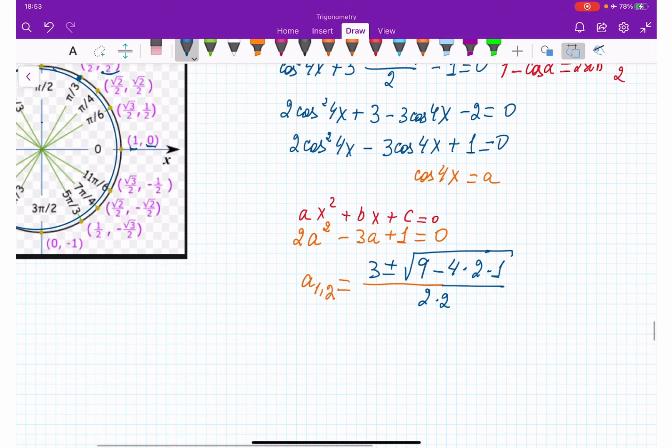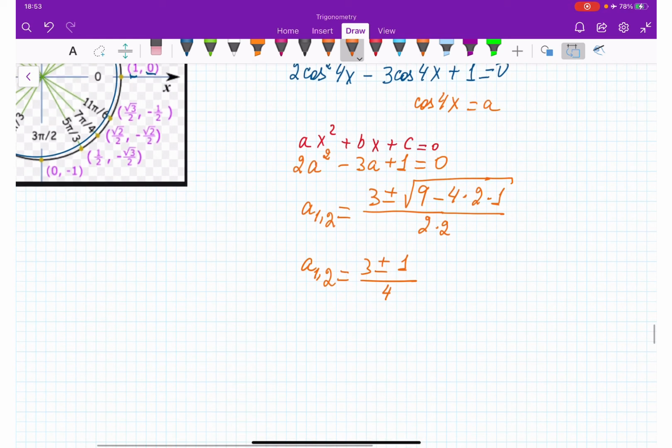Okay, so from here, a1,2 is equal to 3 plus or minus 1, because 9 under the square root, we will have 1 left, divided by 4.